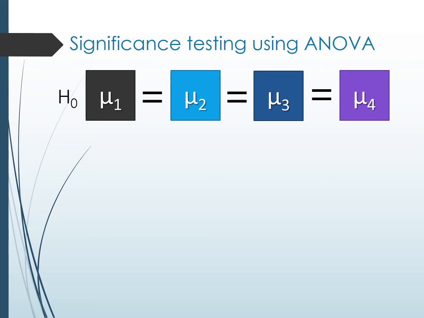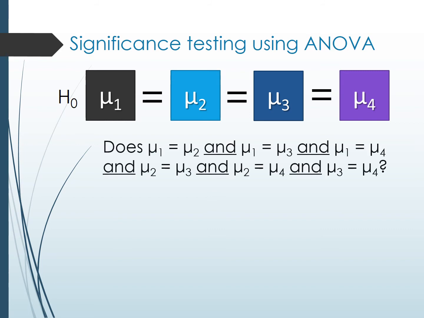So let's take a closer look at the one-way between subjects ANOVA. Suppose we have a case where we want to compare the means of four different groups. For example, the test performance of African American, Asian, Hispanic, and white students. The null hypothesis is that all means are the same between all four groups. The analysis in this case is asking the question if there's a difference between the means for all the possible pairwise combinations of groups.